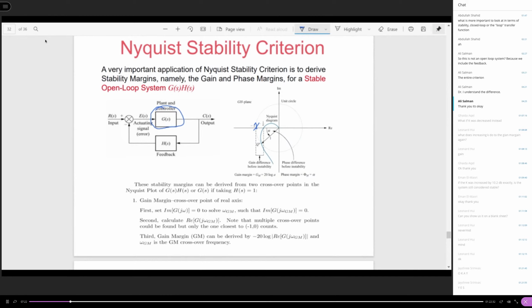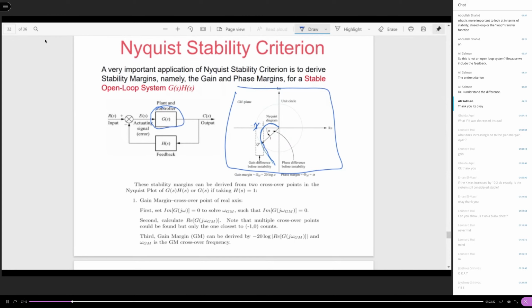Magnitude and the phase. If you look at this figure here, this is the Nyquist plot of G(s). You want to modify the plot, you have two ways, either magnitude or phase, or both at the same time.